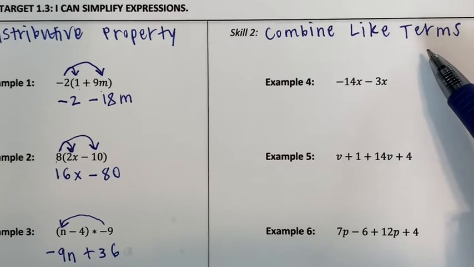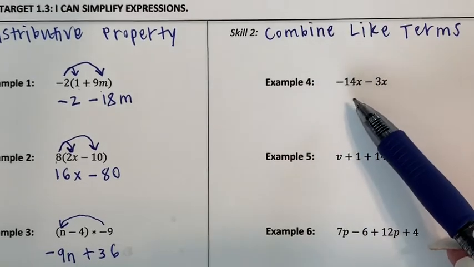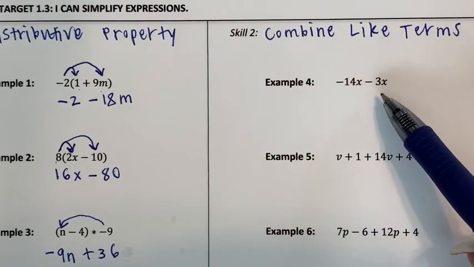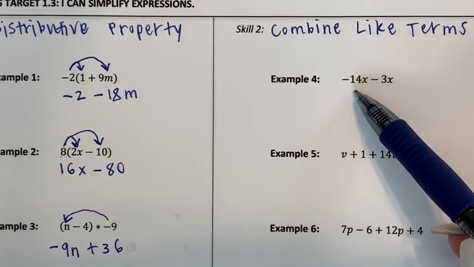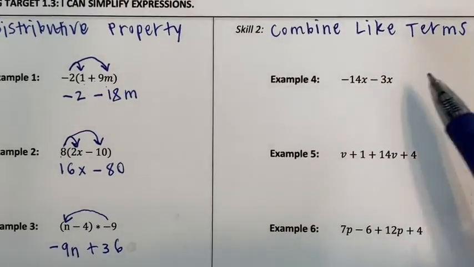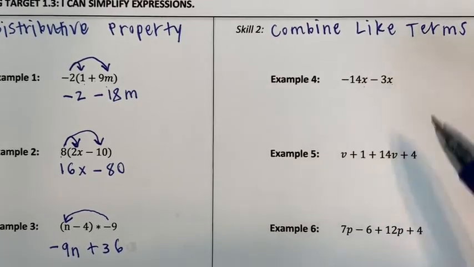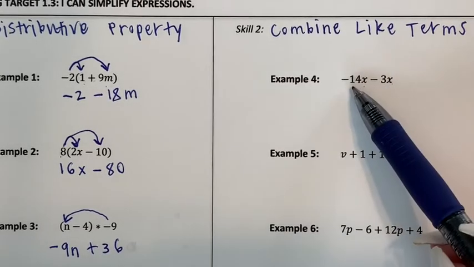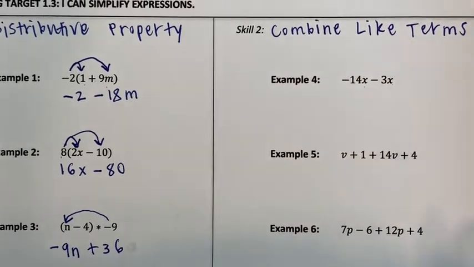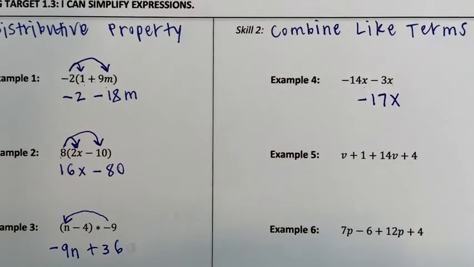So in example 4, I have -14x minus 3x, or another way to think of this is I have a -14x and I also have a -3x. These are both variable terms, right? They both have an x. So we can combine these like terms. -14 minus 3 will give us -17x.